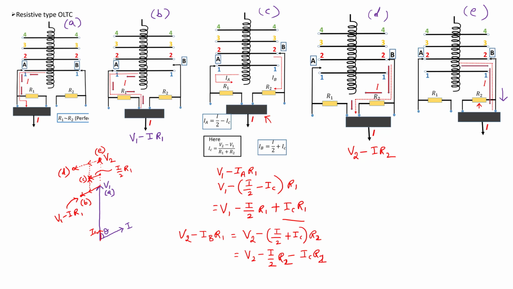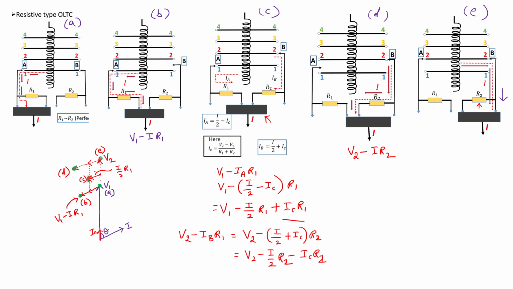Exactly. So first you are here at A and here B and then C and then D and then E. So you can see this also looks like a flag only. So this is for a resistive type OLTC.